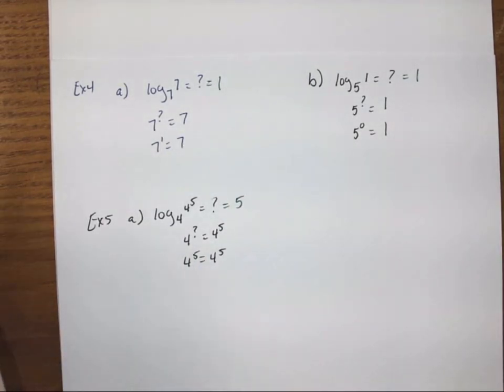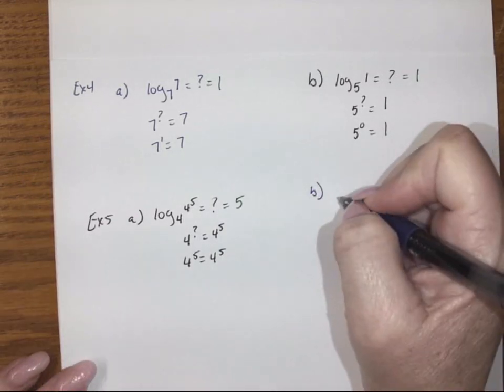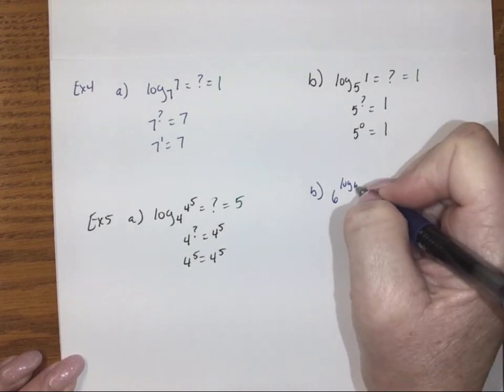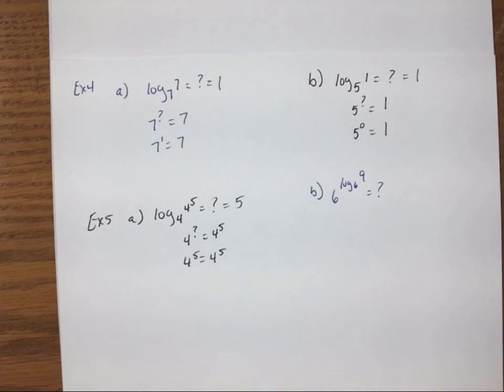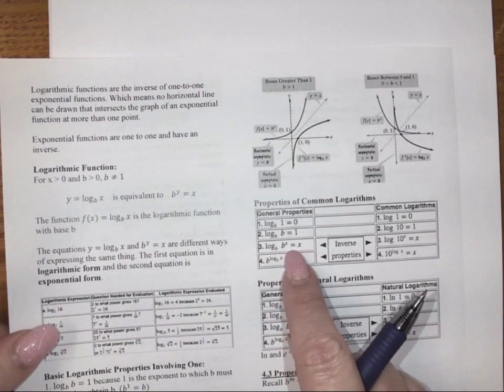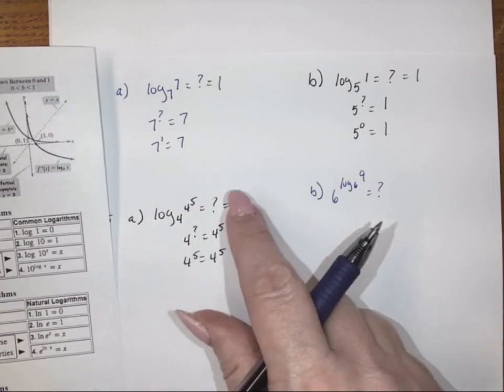If we look at part B, we have 6 to the log base 6 of 9 equals what? And that's using those properties. So this here is using this property where log base b of b to the x equals x.